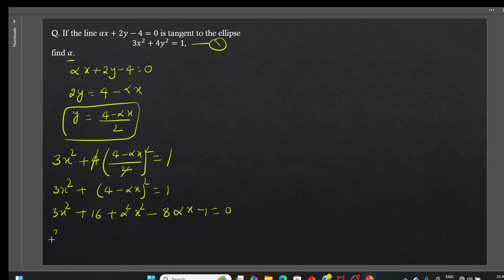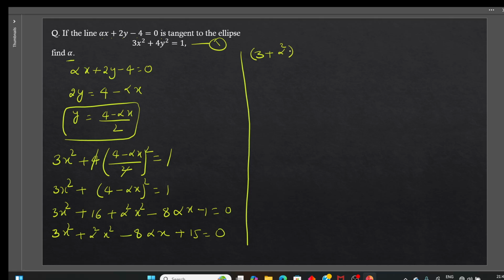So finally we get 3x square plus alpha square x square minus 8 alpha x, and 16 minus 1 is plus 15, equal to 0. Take x square as common, the remaining is (3 plus alpha square) x square minus 8 alpha x plus 15 is equal to 0.